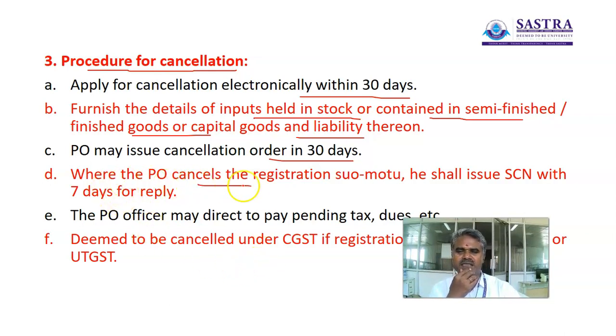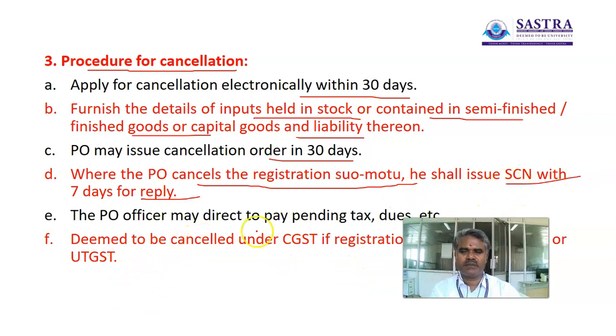Where the proper officer cancels the registration suo motu, he shall issue a SCN with 7 days for reply. Then he shall issue the certificate of cancellation within 7 days.